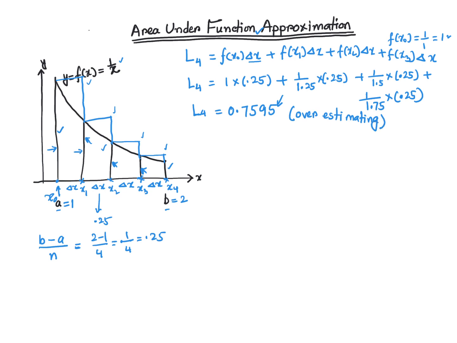Now we are going to do the right sum, R sub 4. This time, instead of considering the left side of the rectangle as the height, we are going to consider the right side of the rectangle for the height, for each of these rectangles.